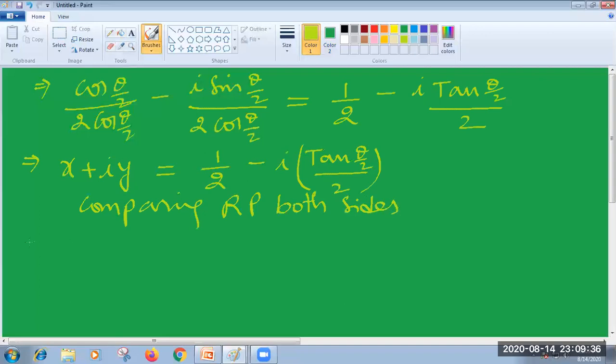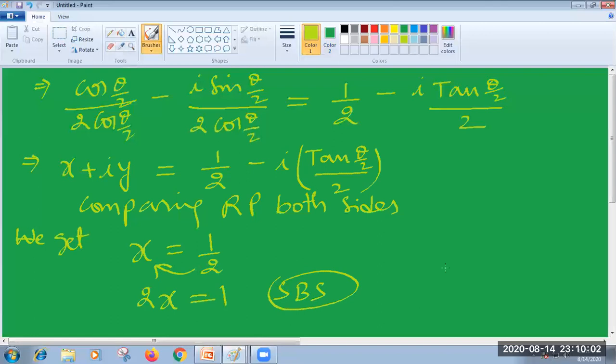We get x is equal to 1 by 2, and cross multiplying this will give us 2x is equal to 1.